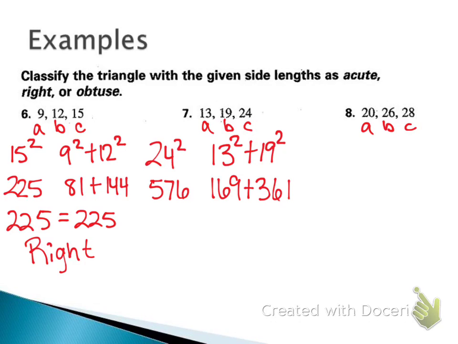If I take 169 plus 361, what do I get? 530. How do these numbers compare? 576 is greater than, so what kind of triangle is it? Obtuse.